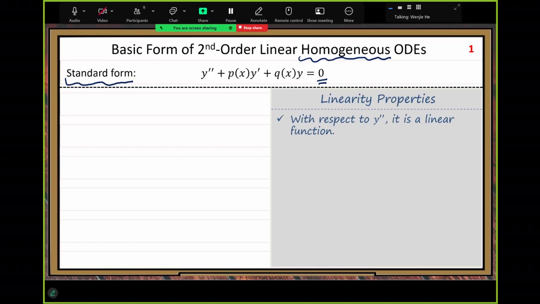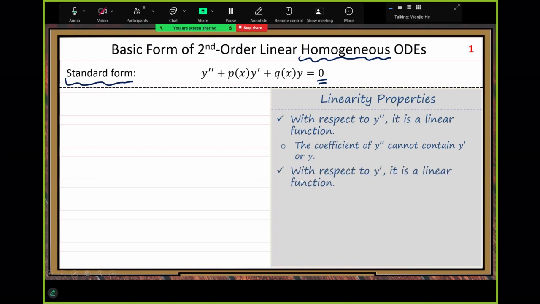In the first case, the coefficient of y double prime cannot contain y prime or y. Otherwise, we don't call it linear. That's the first condition. With respect to y double prime, it is a linear function.